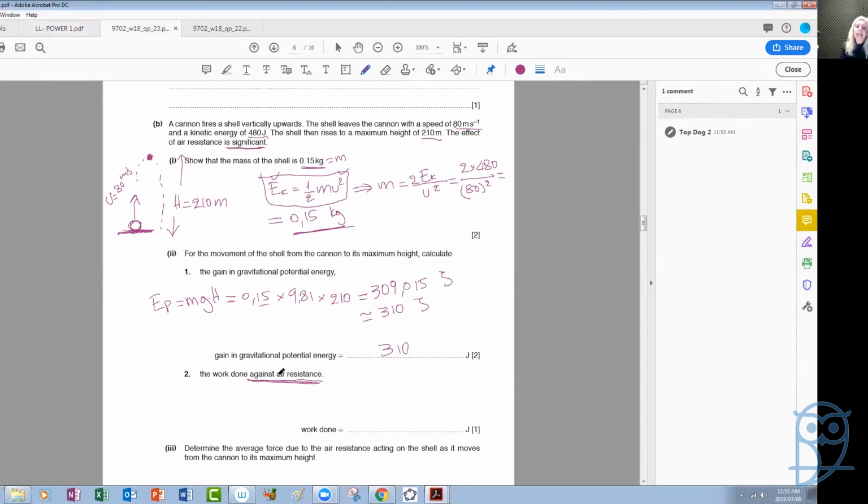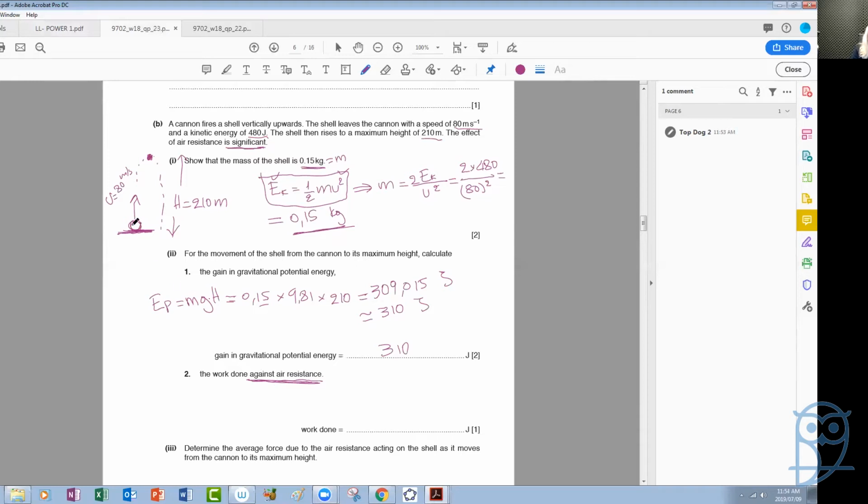Remember that in this problem, the air resistance is significant. It does work, now negative work, to take energy away from the shell. So this work done against air resistance is actually the energy that was lost.